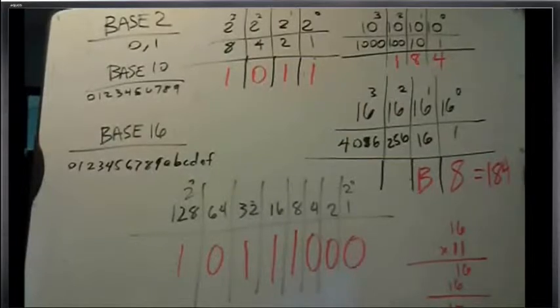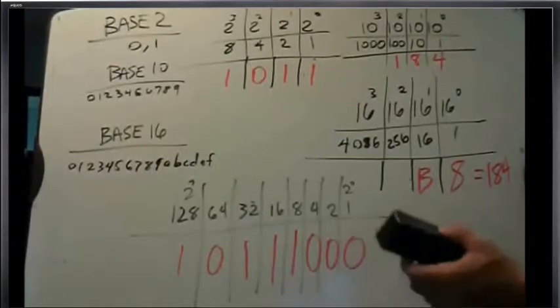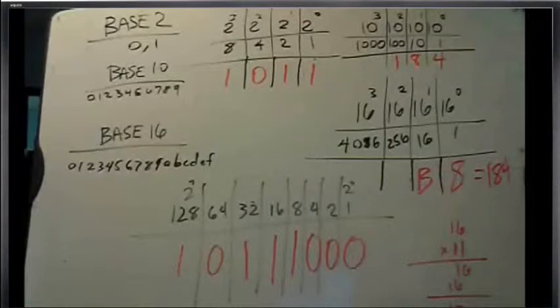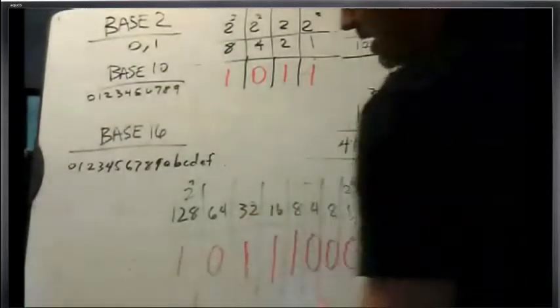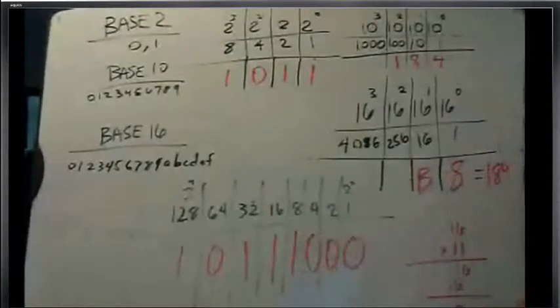Now, here's a pretty useful trick for doing this quickly, especially good for a larger number. In computers, a lot of things happen in 8 bits at a time, or 1 byte at a time, right?